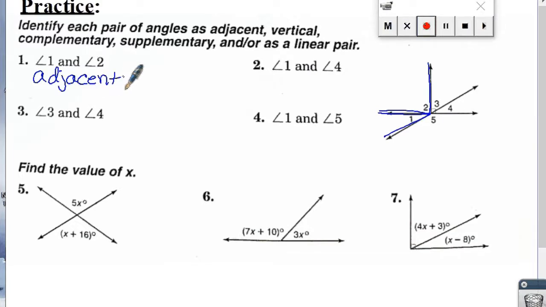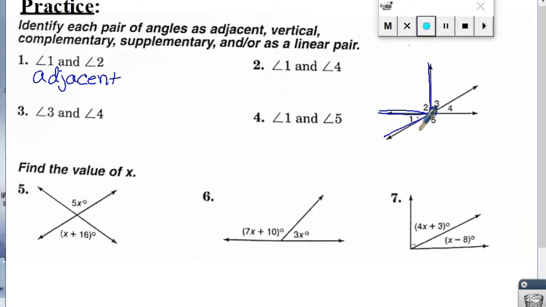Next up, I want to know if they're vertical. Well, they cannot be both adjacent and vertical. What we said in those first definitions is that vertical angles are non-adjacent. So if it's one of those, it cannot possibly be the other. Next up is complementary, which means adds up to 90 degrees. I can see that this angle here is 90 degrees, but I don't know anything about this angle.